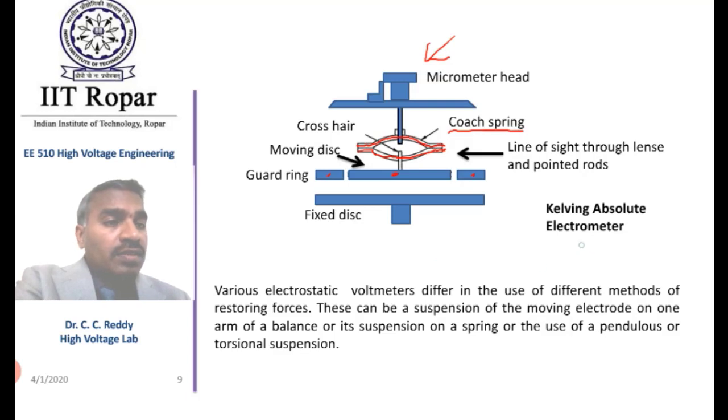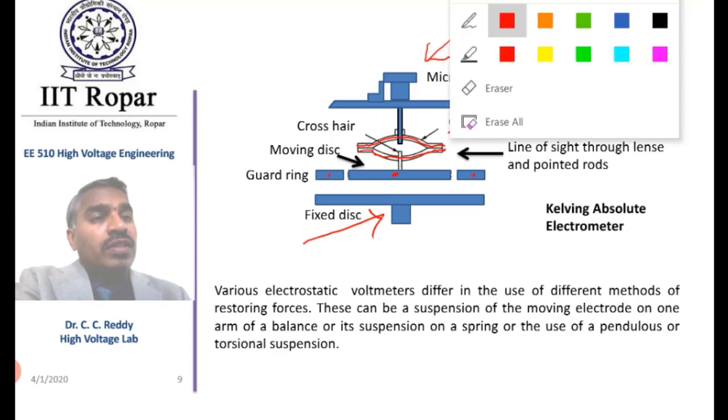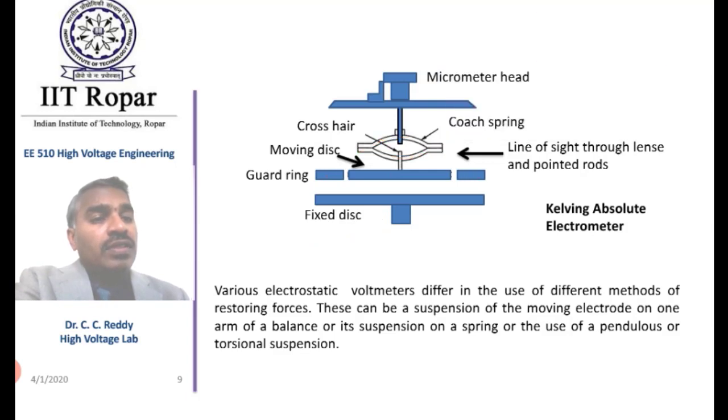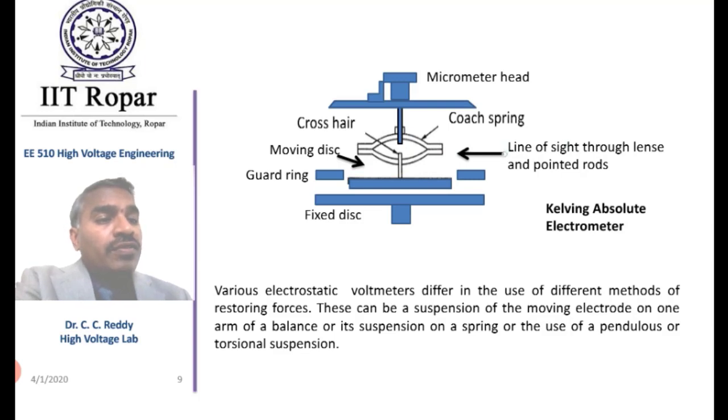And here this is the fixed electrode. Let me erase the things first, and then this will work in this fashion. It will move down, and the line of sight from here in this direction, we have to watch how the crosshair changes its position, and based on that we find the reading.